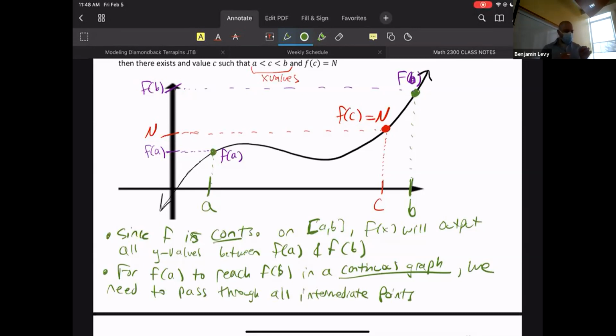Trying to think about an example where this wouldn't work in some kind of discontinuous way. I have some stupid examples. I wish I could come up with a better one on the spot. Anyway, when you have jumps, sometimes people use the height example.